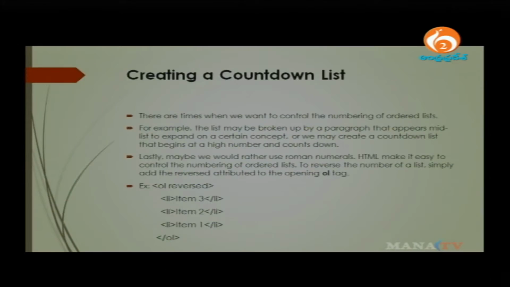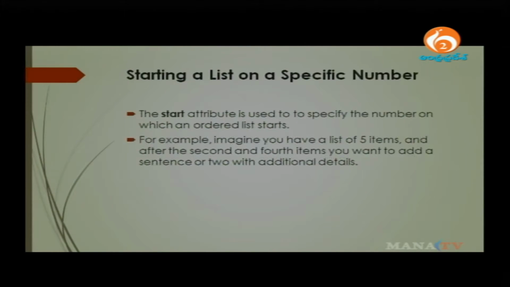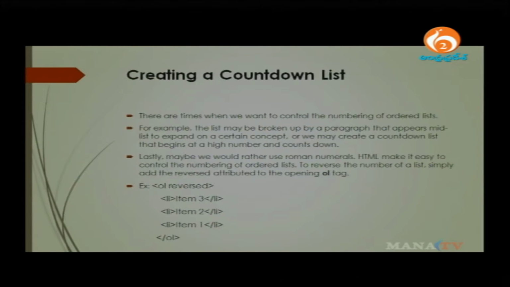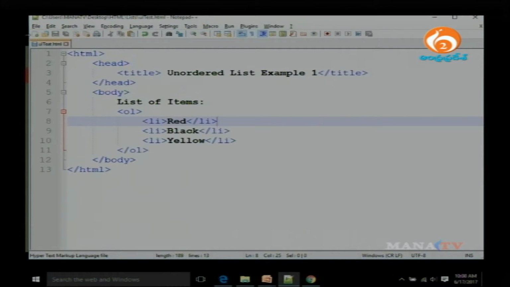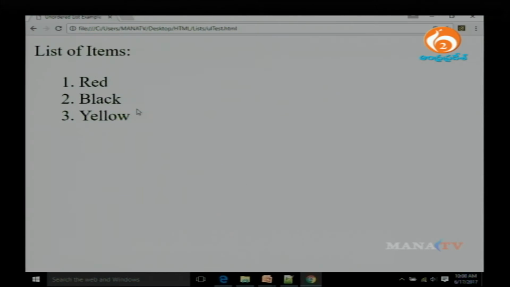So we use one attribute called reversed. When we use reversed, it will show from the last to first. Let us see this in an example. We have a list of items here already. Let us see how it is looking now. It is looking like red, black, yellow, 1, 2, 3.